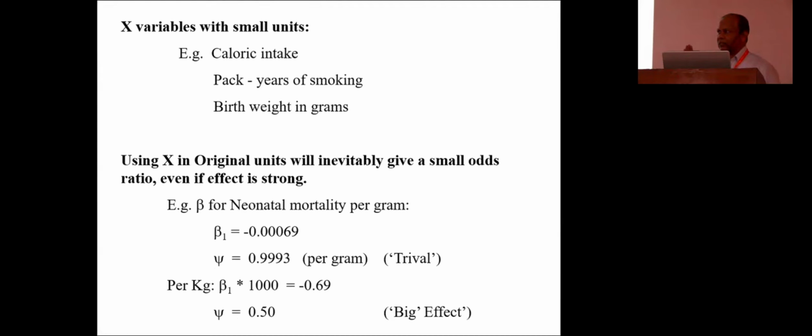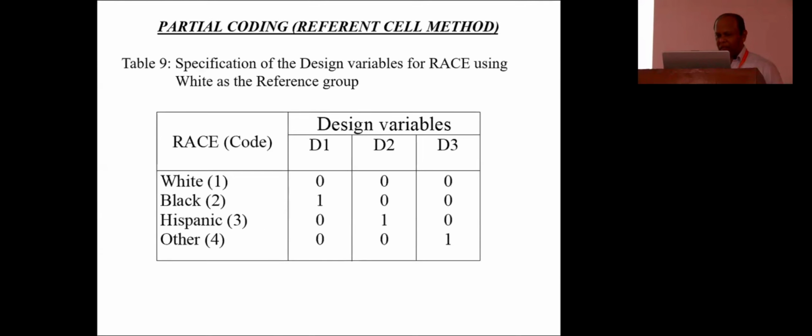So if you increase the intake by 1,000 grams more, there is a 50% reduction in your mortality. Therefore, whenever you see a small value like 0.000, you should ask how the X variable was measured. In grams or whatever, the values are very tiny, so it has to be smaller. So you should not throw it out. And many people don't know about it. Still, you have to go back and teach your colleagues. These are all the dummy variables.